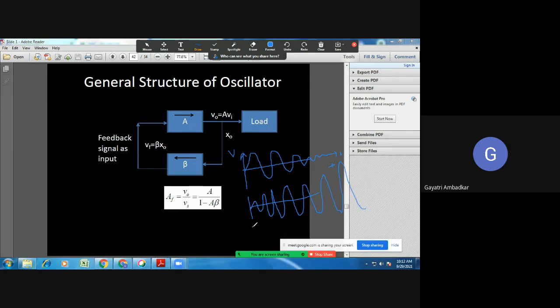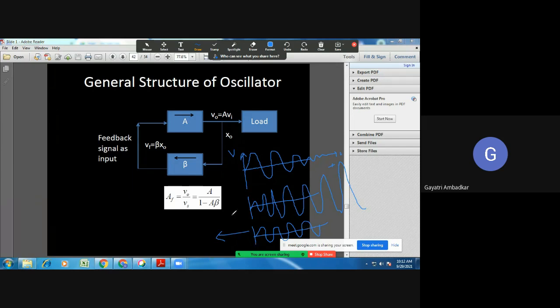And in the third signal, the amplitude remains constant. Here there is a continuous decrease in amplitude, here a continuous increase, and these are constant amplitude. This is called a sustained waveform. These are the damped oscillations whose amplitude is changing with respect to time. They are damped, and this is undamped, and we want undamped oscillation out of a circuit.